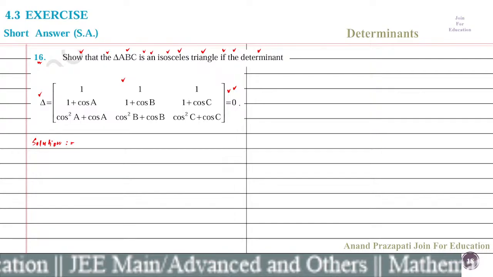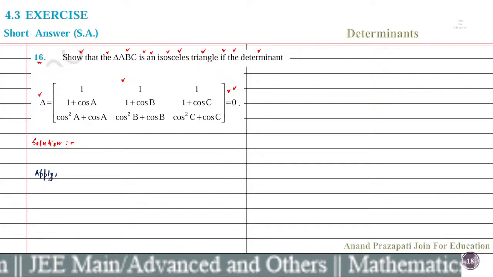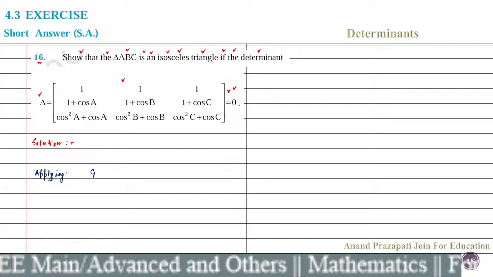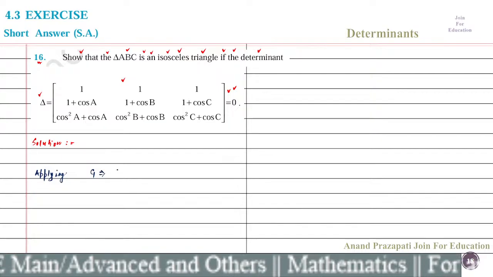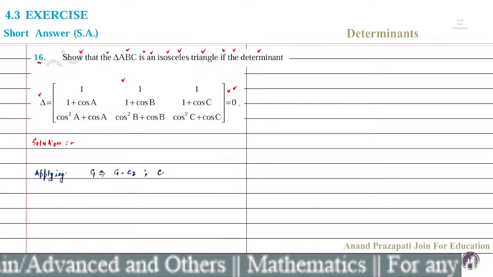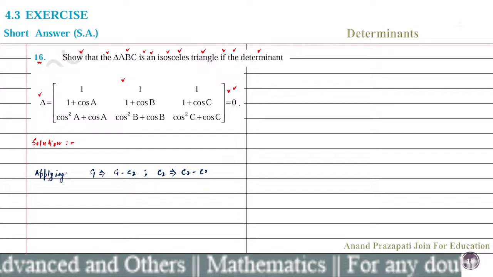So applying here, C1 implies C1 minus C2 and C2 implies C2 minus C3.